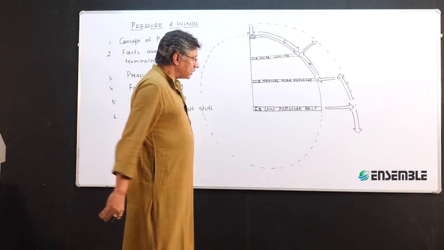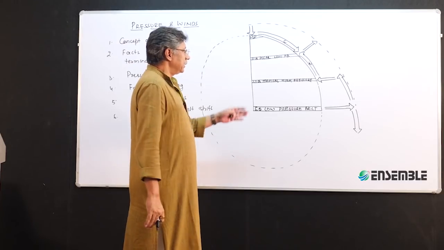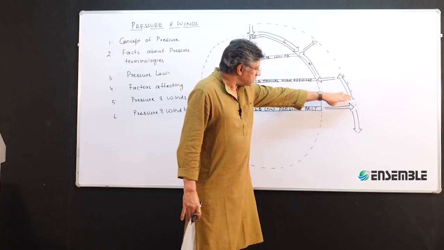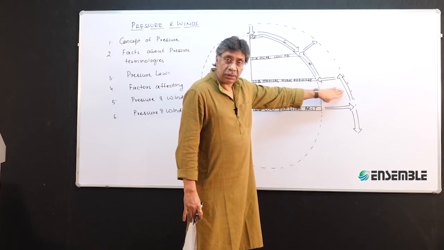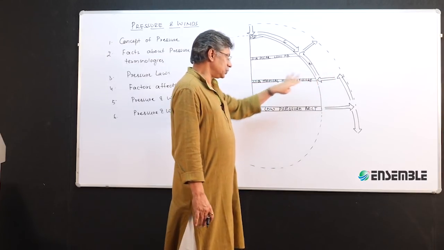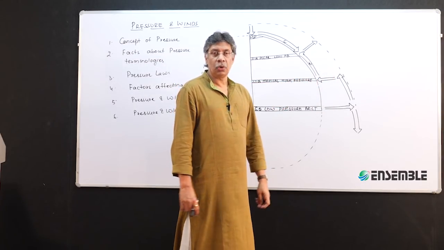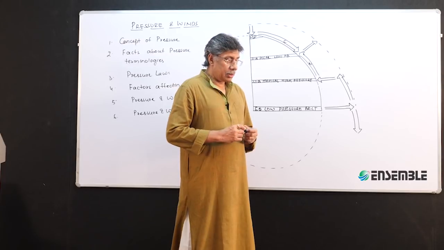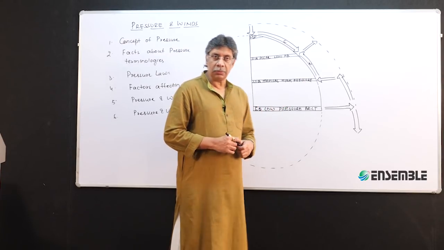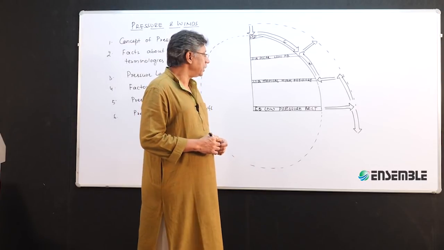Now, there is a second factor that comes into interplay. That is, as the air rises, it becomes cooler, it becomes heavier, it has a tendency to sink, it goes on to sink. That's reason number one. For pressure to become high, there is another factor that will cause the pressure to be high.